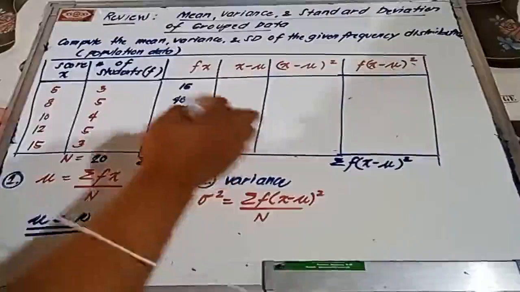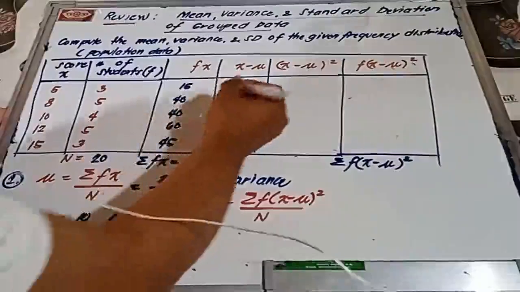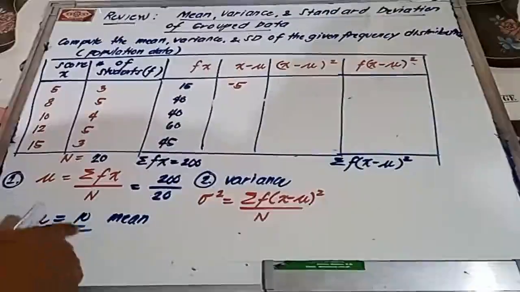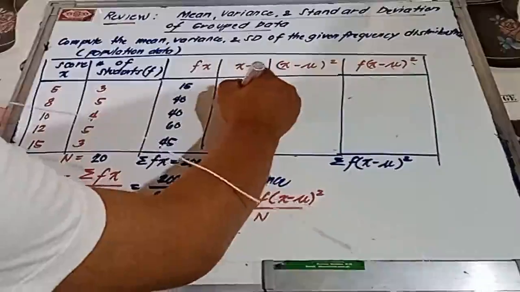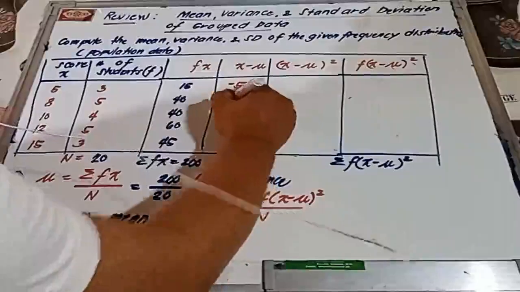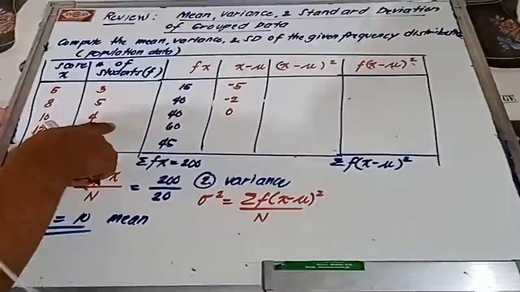Okay, paano yun? So, 1 by 1. 5 minus 10 is negative 5. 8 minus 10 is negative 2. 10 minus 10 is 0. So, ibig sabihin, itong apat na to, ang score nila is average.